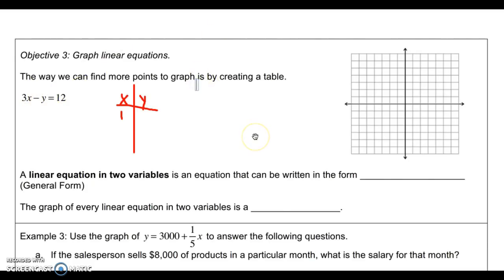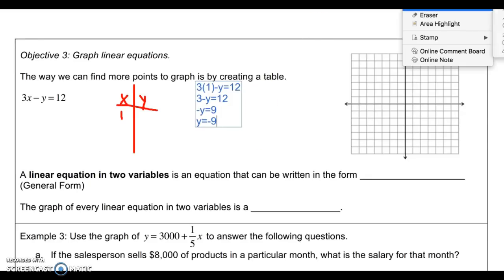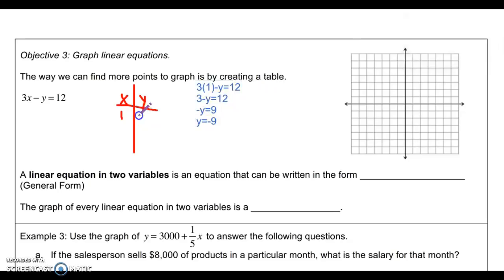So let's do 3 times 1 minus y equals 12. Move this down a little bit. 3 minus y is 12. Subtracting 3 from both sides, negative y is 9. So that means y is negative 9. So when x is 1, y is negative 9.